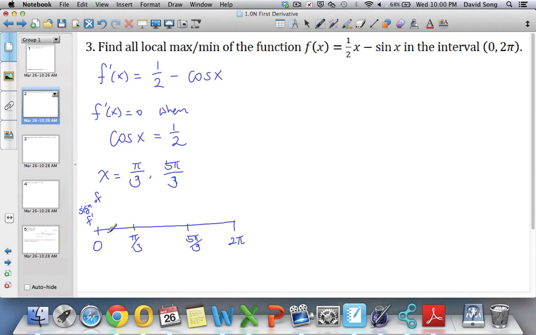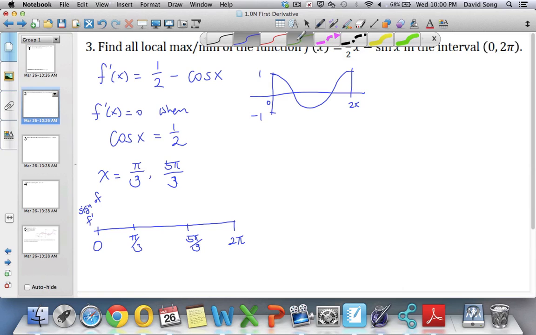A few ways to think about it. You can always plug in numbers, but what I like to do, because it's just cosine, well, here's the cosine graph. There's 1, there's -1, and there you go. And here is 2 pi to 0. And here is y equals 1 half.